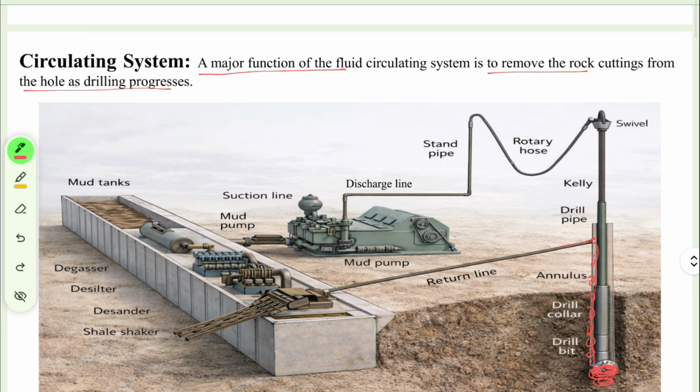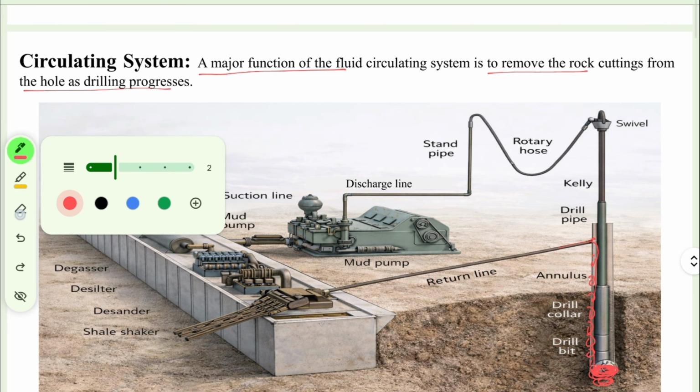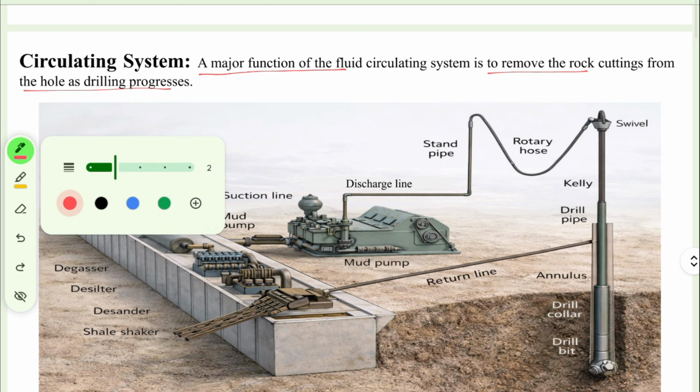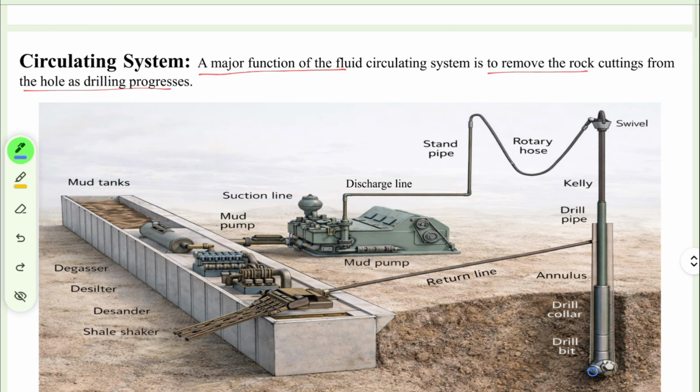So I hope you are able to understand what it means: when the drill bit is rotating, it generates cuttings. Those cuttings could be small particles of rock, some mud, some shale, some other types, and if these cuttings are not able to come to the surface, then what will happen?